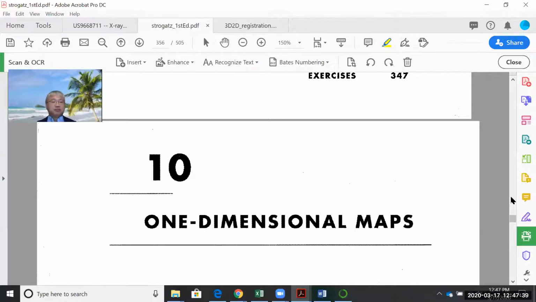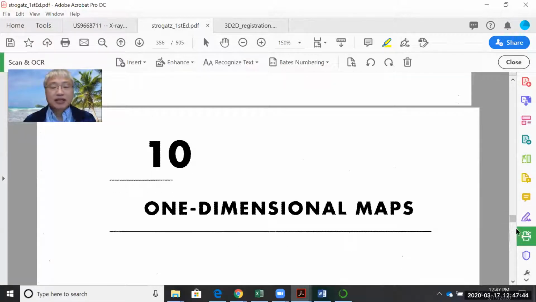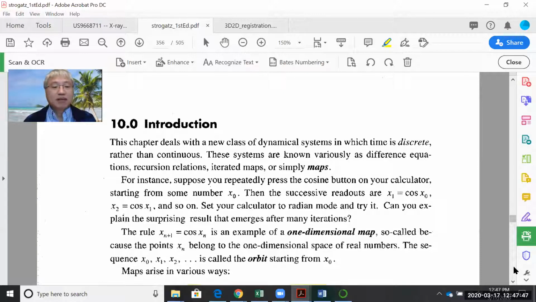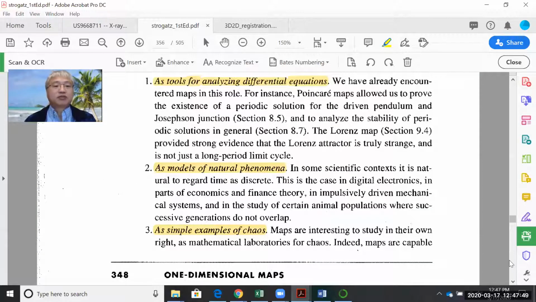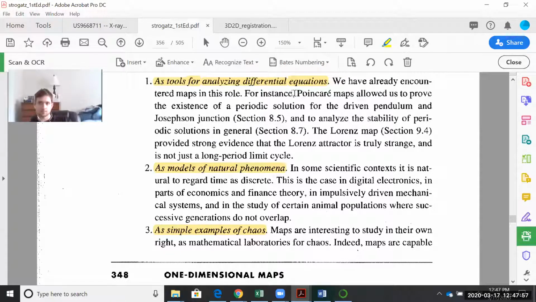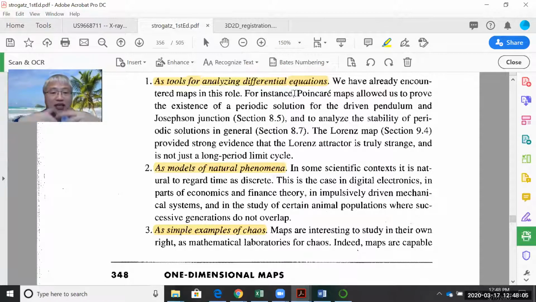So I'm going to repeat some of the stuff we talked about. Again, there are three reasons we start with the map. It's a tool for analyzing differential equations, because when we convert differential equations to difference equations, essentially it becomes a map. Then of course there are phenomena which can be modeled by discrete maps.